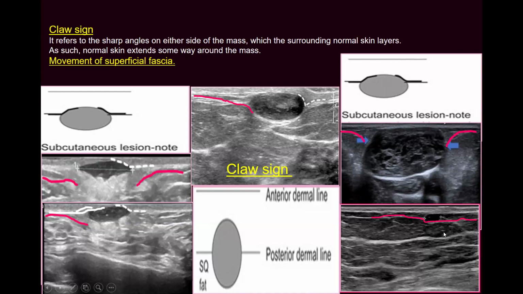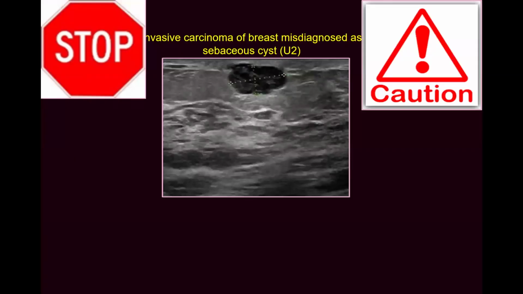Here it is completely within the hypodermis, but here it is from the hypodermis and invaginating into the dermis, still with an obtuse angle because the epicenter of the lesion is within. But if you look here at the superficial fascia, the lesion of dermal origin pushes the fascia posteriorly, even if it arises in the hypodermis. This is my observation, not from the literature. Okay, we have to be cautious.